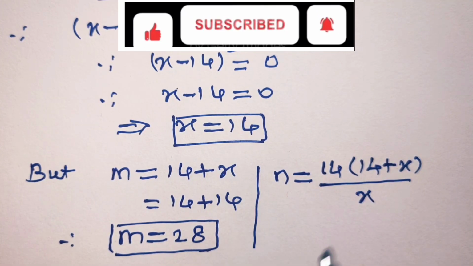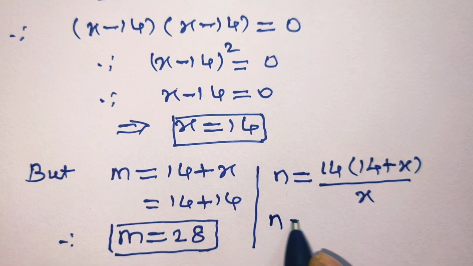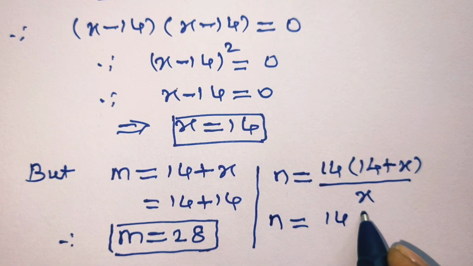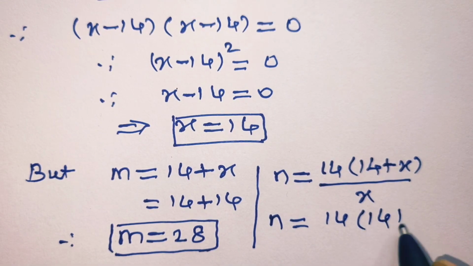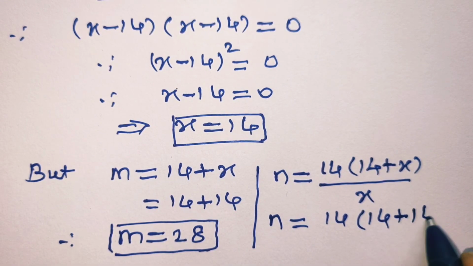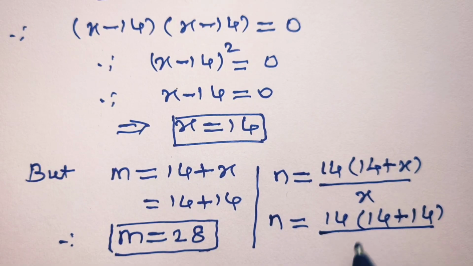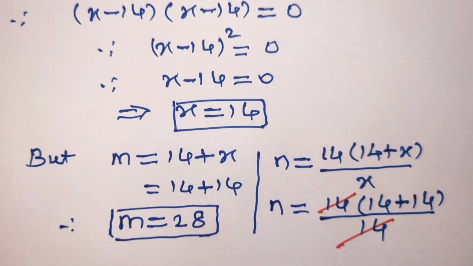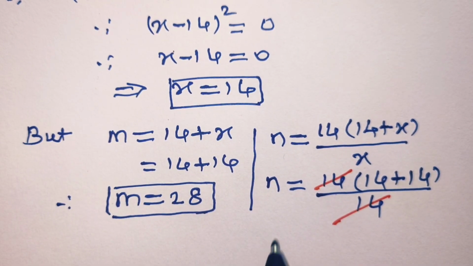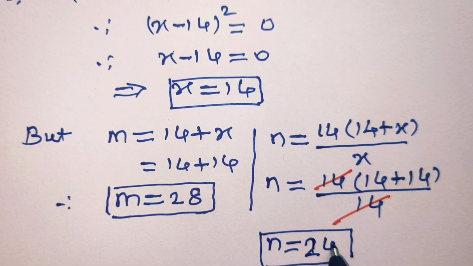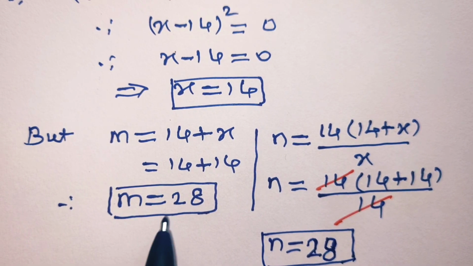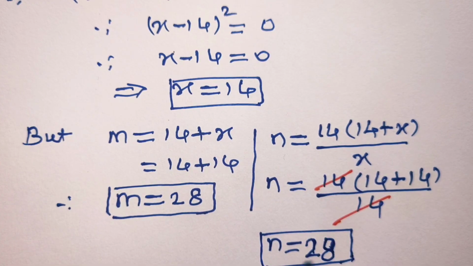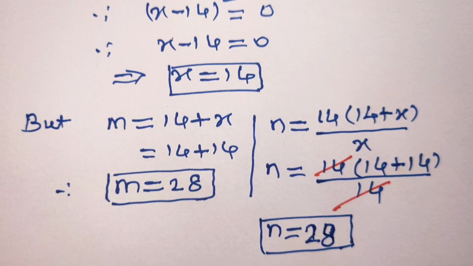Replace x by 14. Hence n is equal to 14 into 14 plus 14 divided by 14. And here this 14 gets cancelled with this 14. Hence n is equal to also 28. m is equal to 28 as well as n is also 28.